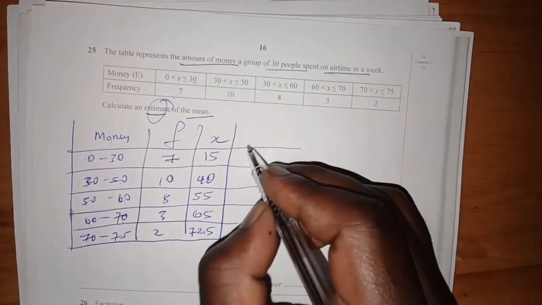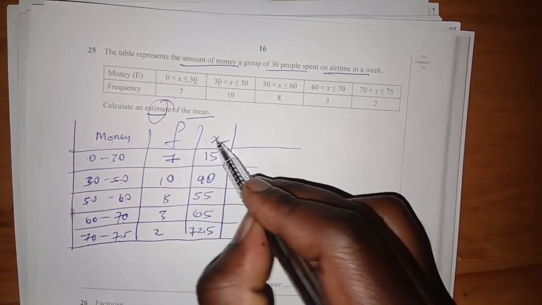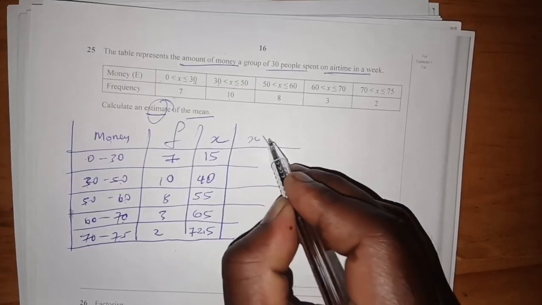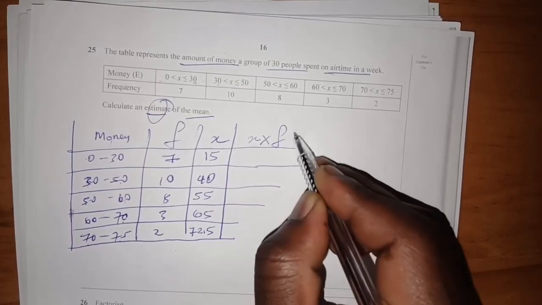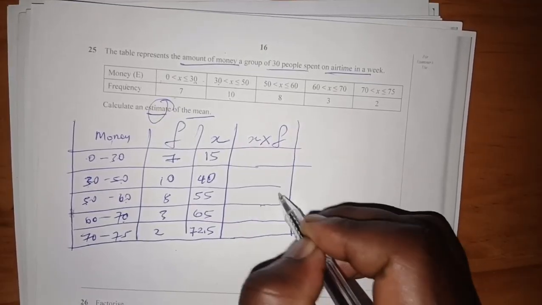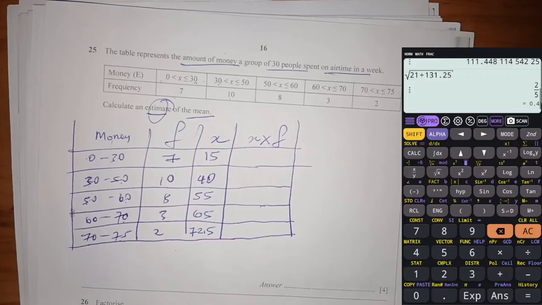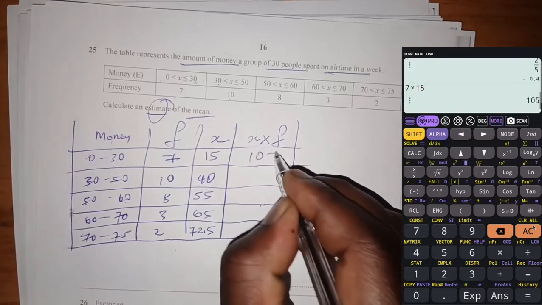Now we need to find the product of the frequency together with the midpoint, that's x multiplied by f. Now let's bring in our calculator here. The first one, we have 7 times 15 being 105.